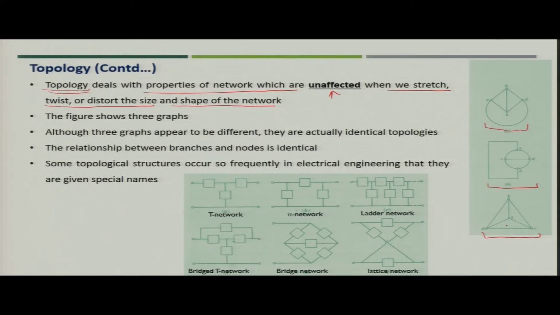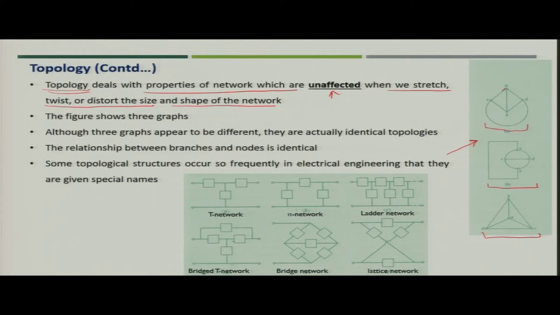Now, if you see all these three, at first look it seems that all three are different, but eventually all the three circuits are the same. Why? Because the connectivity information in all the three topologies is the same.